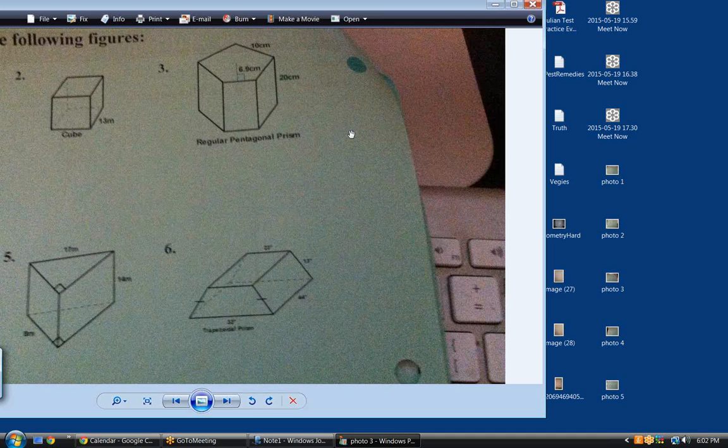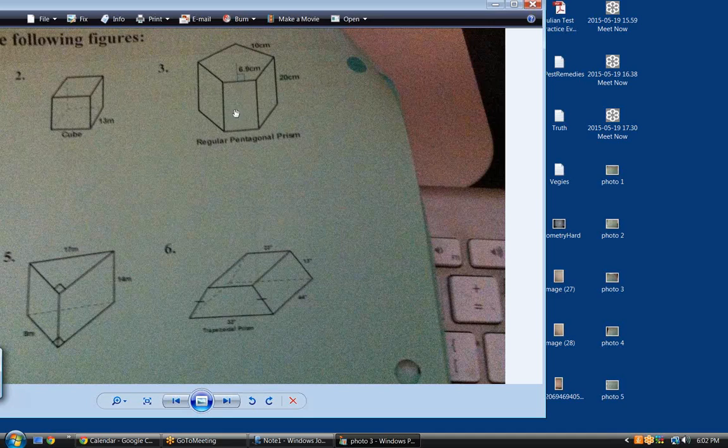Let's see. This is under polygons. So we're talking the area of regular polygons.